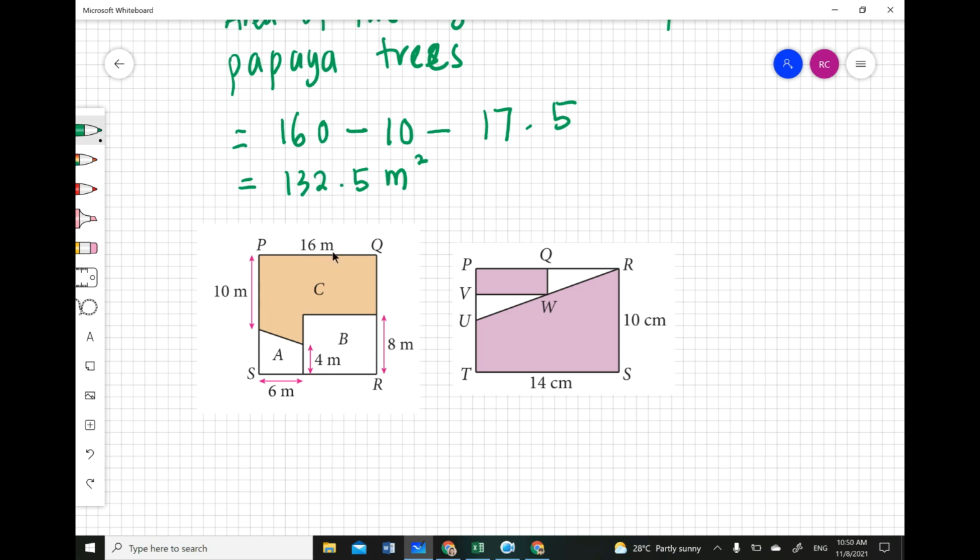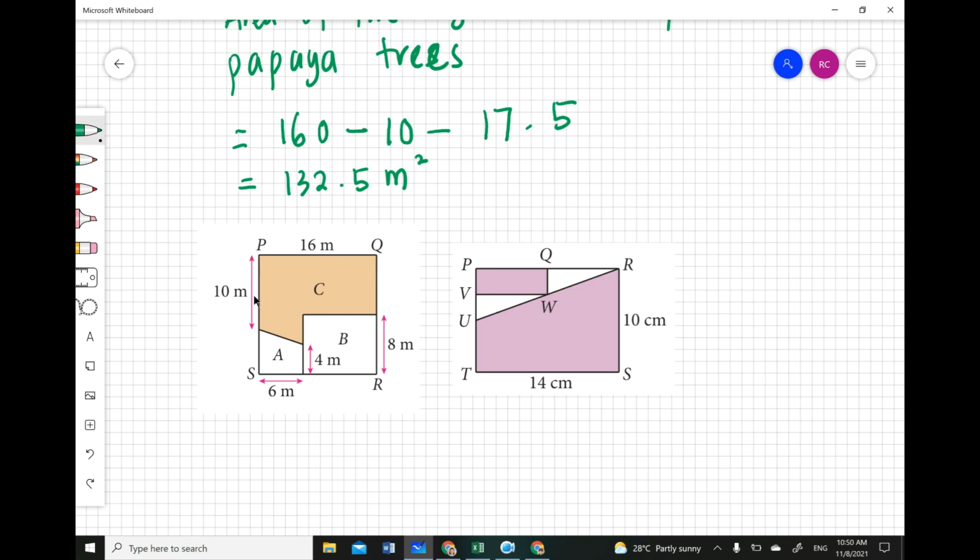So can you tell me how to get the area of the shaded region? Area of PQRS minus what? Or my question can be like this: how to get the area C, the one that is shaded?